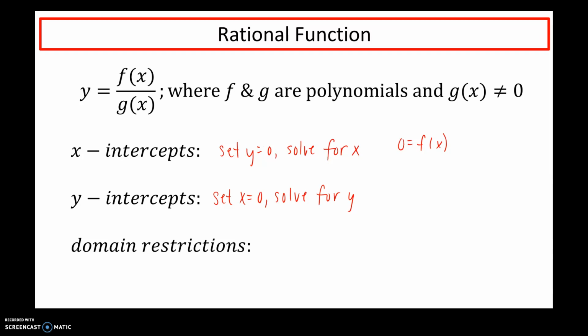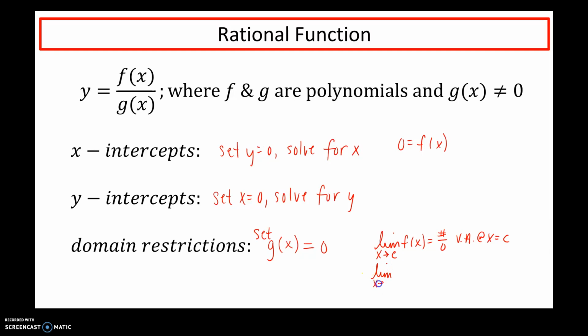Our domain restrictions, we've looked at domain all year long. Our domain restrictions come from the values of x that would make the denominator equal to 0. So we set the denominator equal to 0 and solve. Okay, now we did a lot of work with limits. Recall from last lesson, if the limit as x approaches a number, if direct substitution gives us number over 0, then graphically that is a vertical asymptote at whatever value we were approaching.